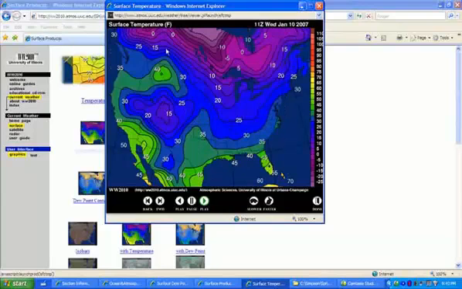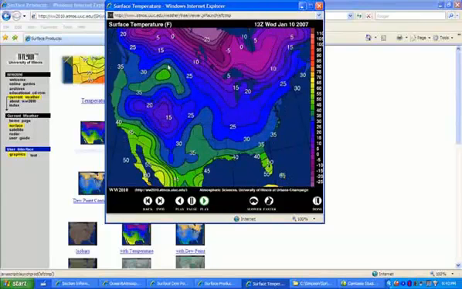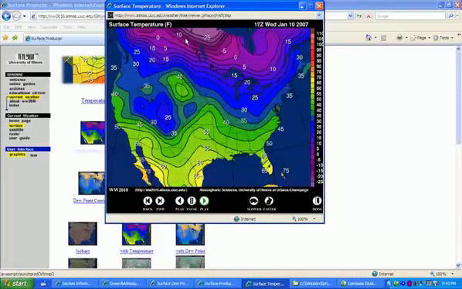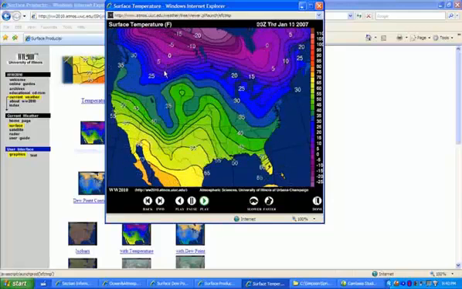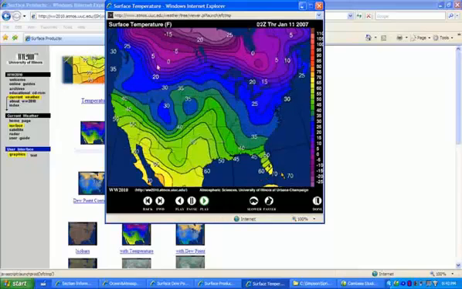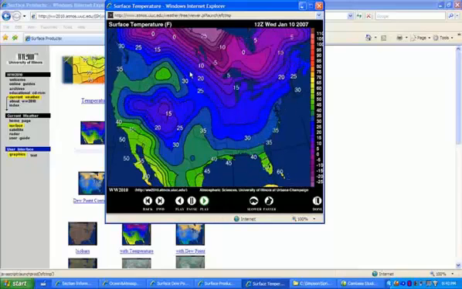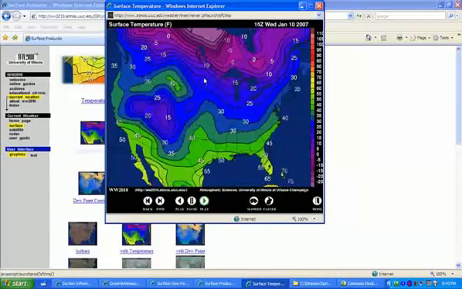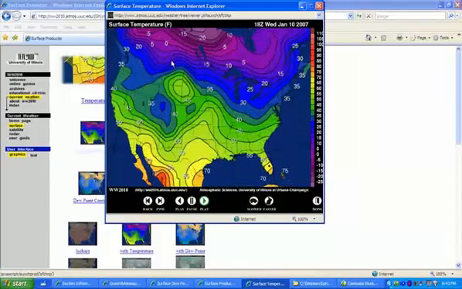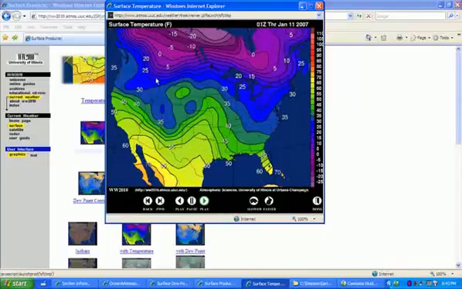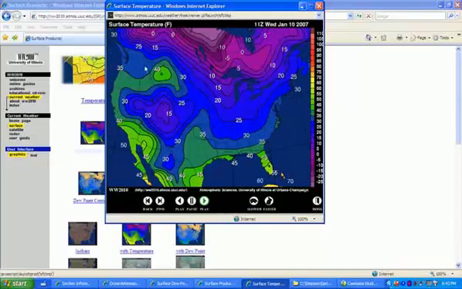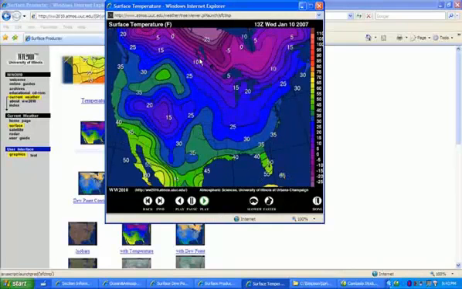However, notice in the last few frames, the cold air begins to move into Montana. Now watch this. As we go through the day, the colder air begins to move southward. This is where our next system's coming through. Anytime you see these isotherms banding together, the way they're banding together up in Montana is indicative of a front, what we would call a cold front. This cold air will begin to move.